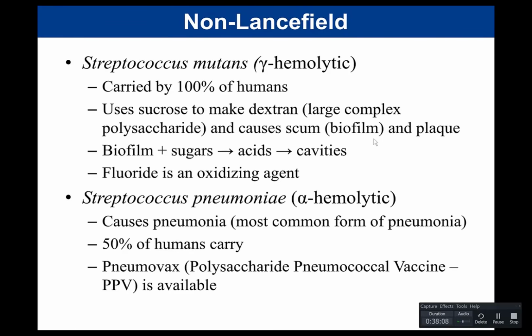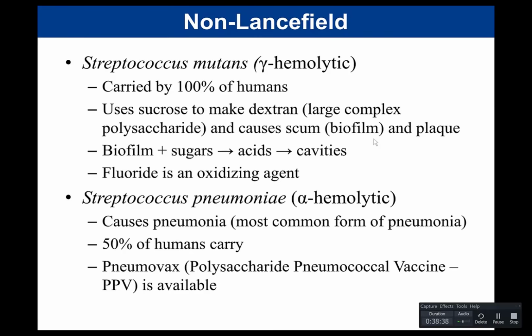Now, let's say you get that biofilm on your teeth from the bacteria growing there, and now you eat sugars. Well, bacteria metabolize sugar and produce acids. The acids erode the enamel, and you end up with a cavity. So this is a cause of cavities because it's bacteria found in your mouth, and it has the ability to form biofilms and to form that plaque on your teeth.